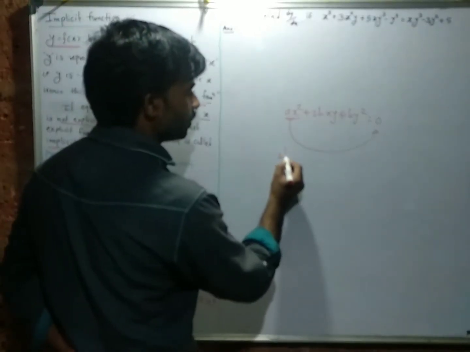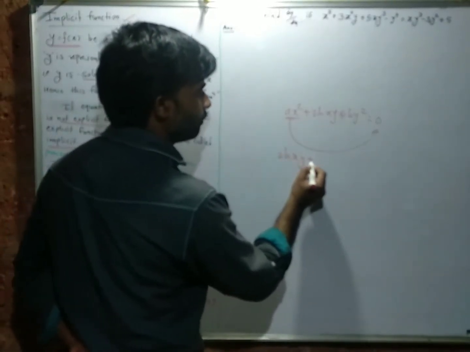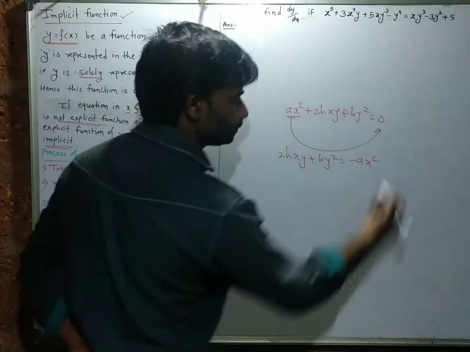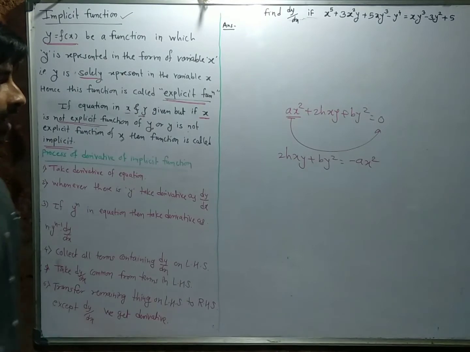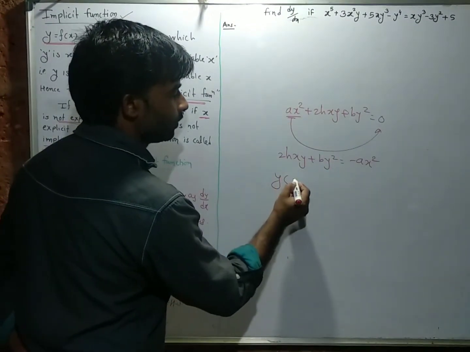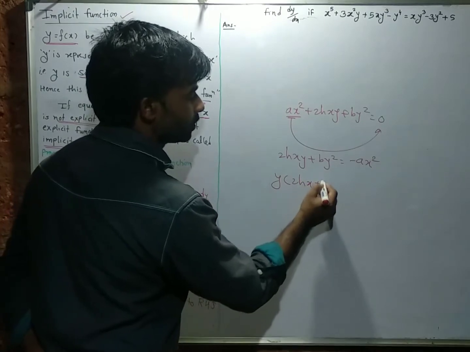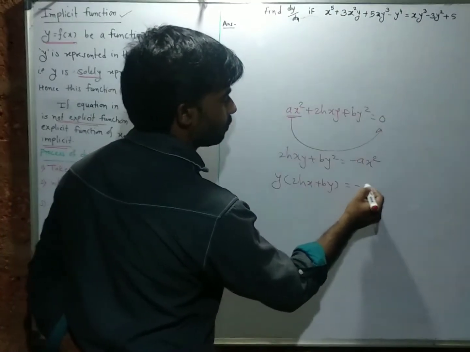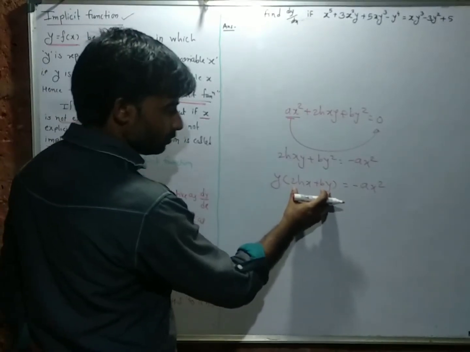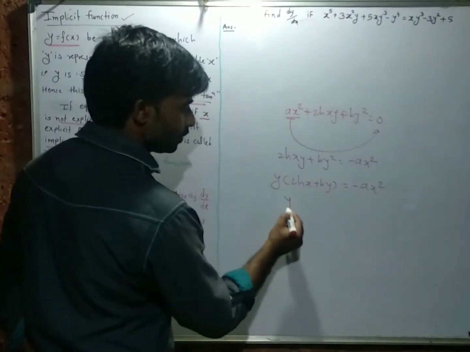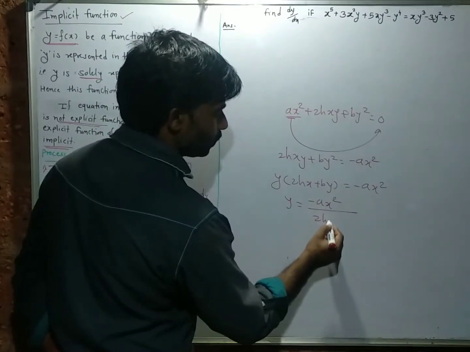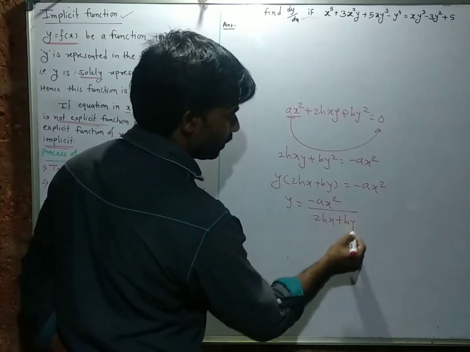At that time, you will get 2hxy plus by square is equal to minus ax square. If we take y common from here, 2hx plus by is equal to minus ax square. And we can transfer this term to the right hand side. You will get y is equal to minus ax square divided by 2hx plus by.